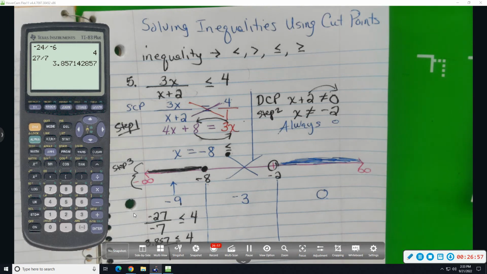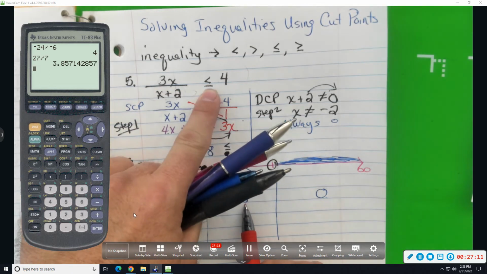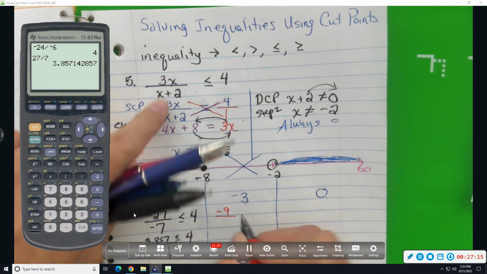But for right now, let me see. Let's go ahead and plug in these other numbers and see, is it really false here and true here? Okay? So plugging a negative 3 into the original problem, this thing that has the less than or equal to. 3 times negative 3 is negative 9.